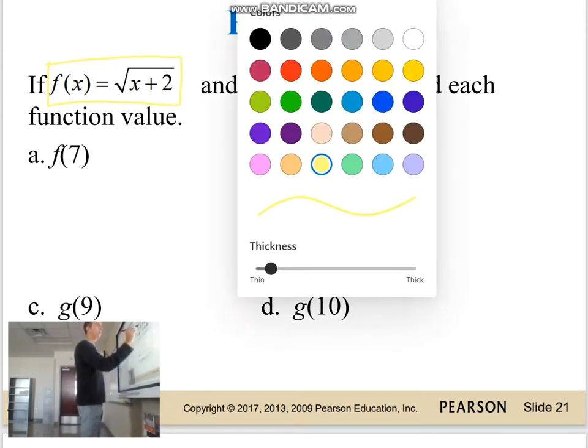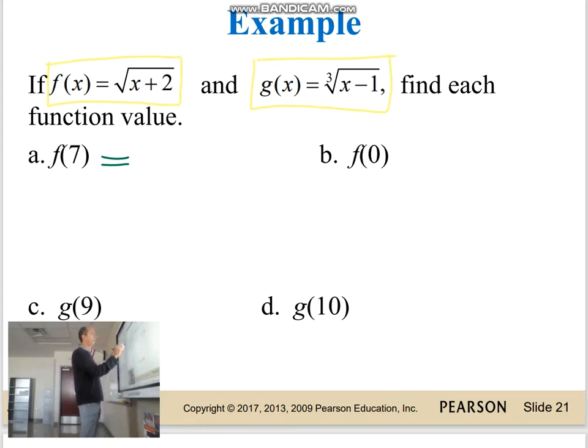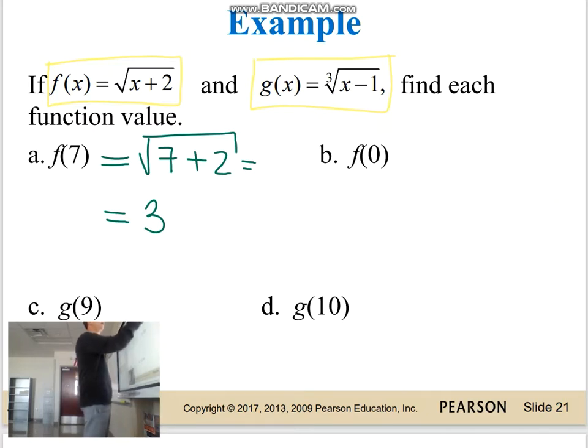The first is asking here f of 7, and f is the square root of x plus 2, so we're going to just plug in 7, the square root of 7 plus 2, which is 7 plus 2, 9, and the square root of 9 equals 3, right, 3.